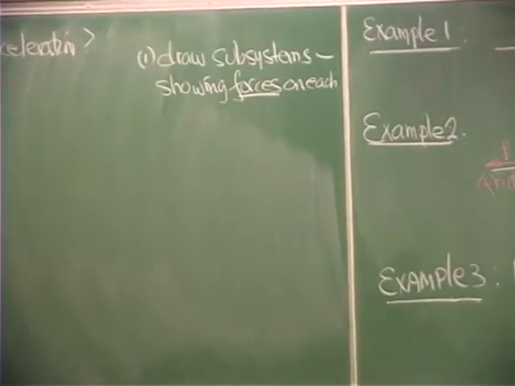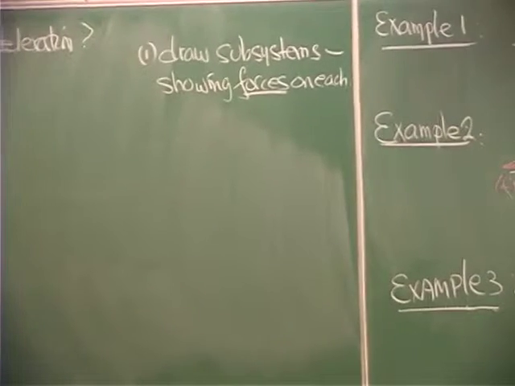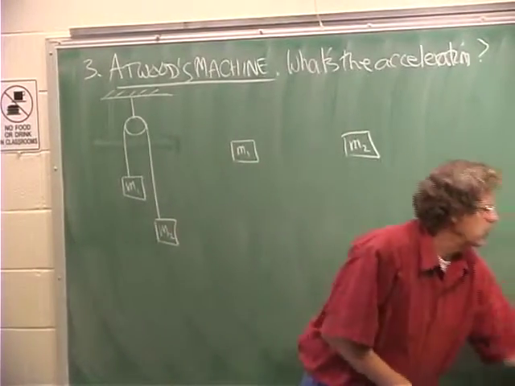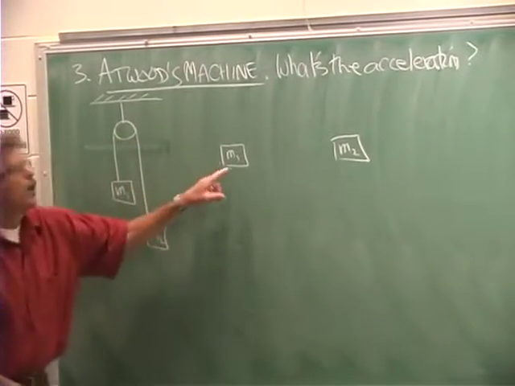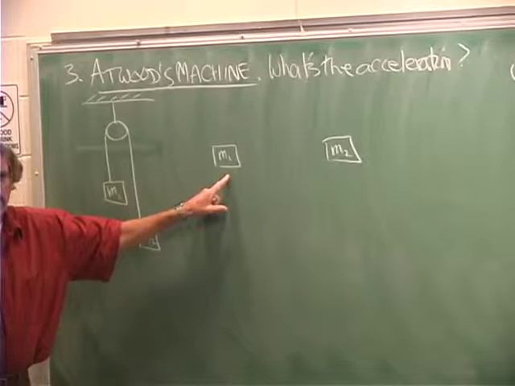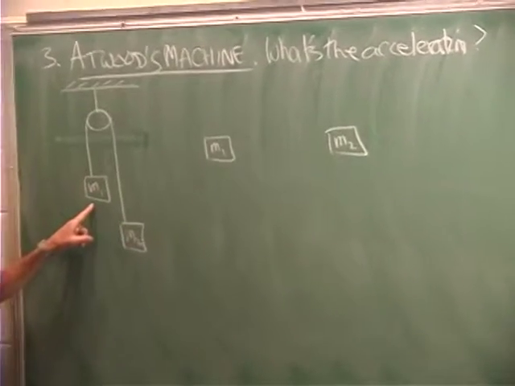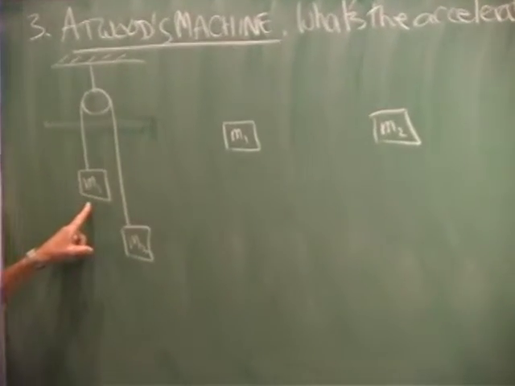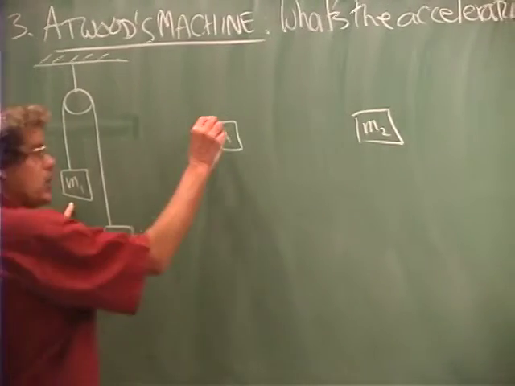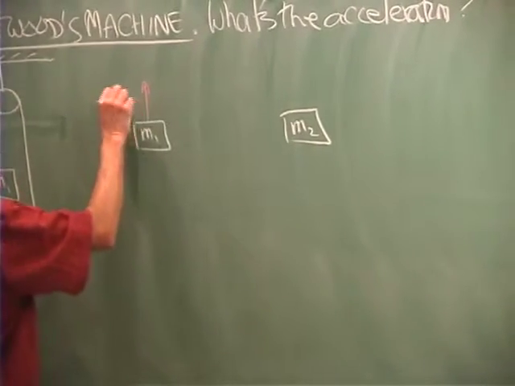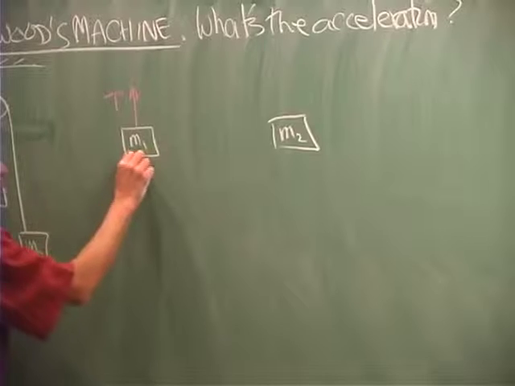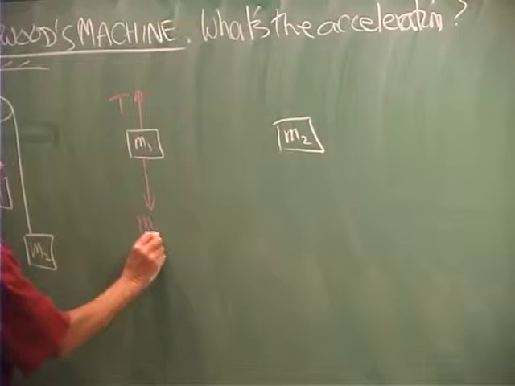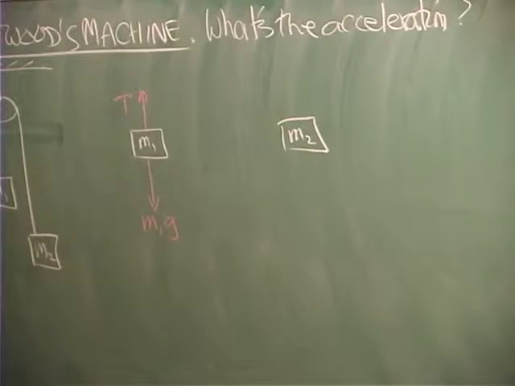So here's subsystem number 1, M1, and here's M2. That's 2 separate subsystems. You tell me, forces acting on M1 over here. The tension pulling up, that's the tension in the string, and of course, gravity, M1G, acting down.